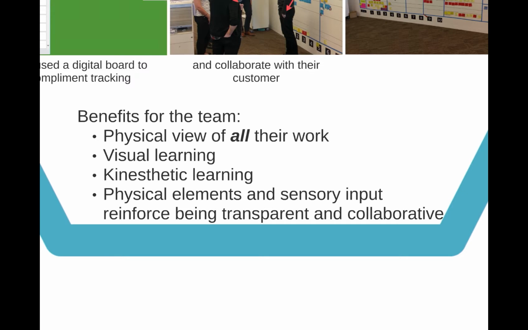Kinesthetic learning, so the act of moving things around, reinforces physically the mental process. Writing things down. If you actually write something down rather than type it, the neural connections in your brain are stronger. So writing things on cards. And all of those other sensory inputs that a physical board can provide, they helped to reinforce these new behaviours of being collaborative and working together. Much more physical and sensory input than something digital can provide.